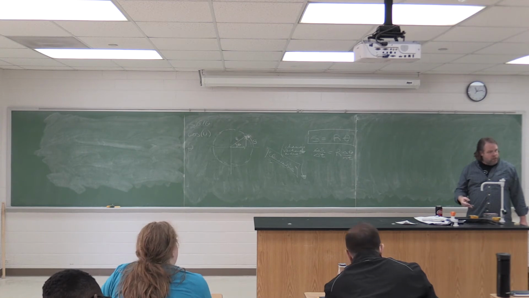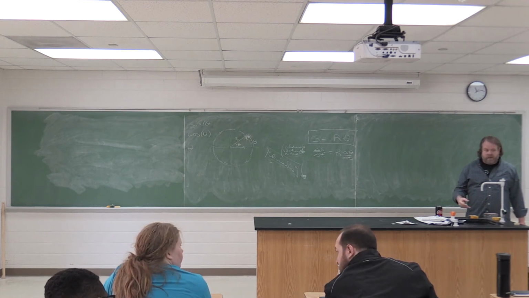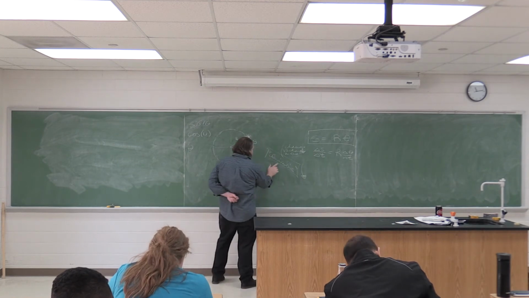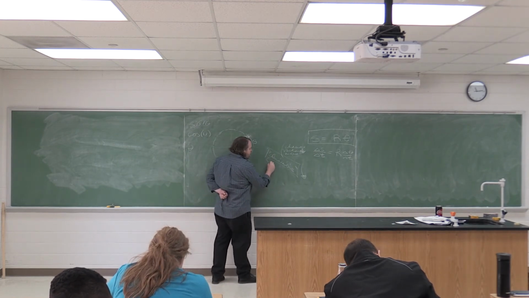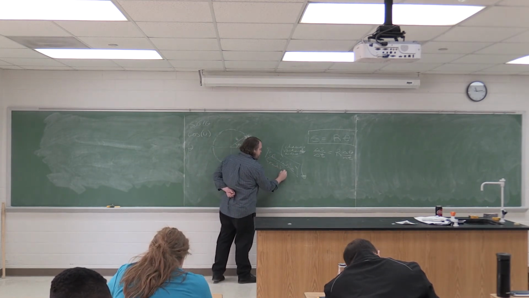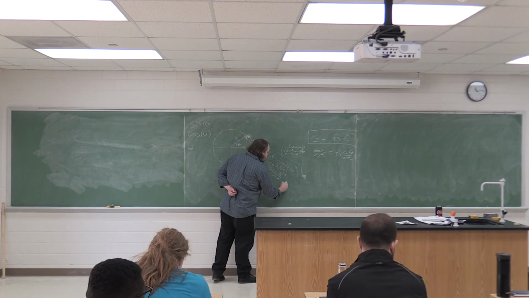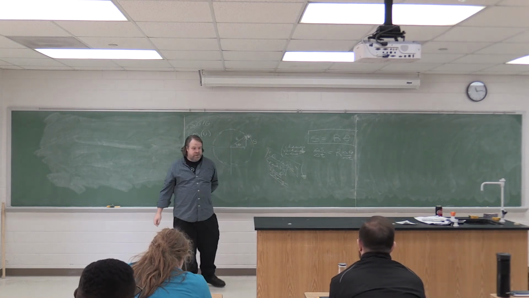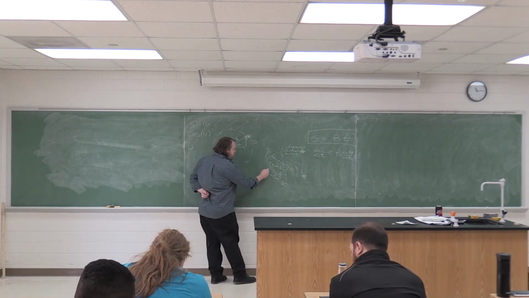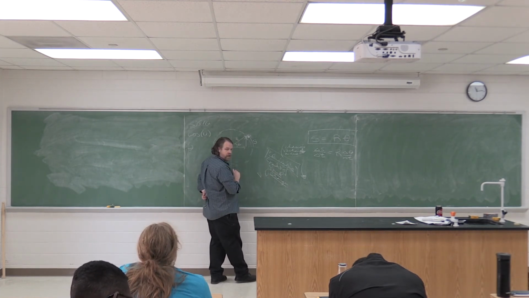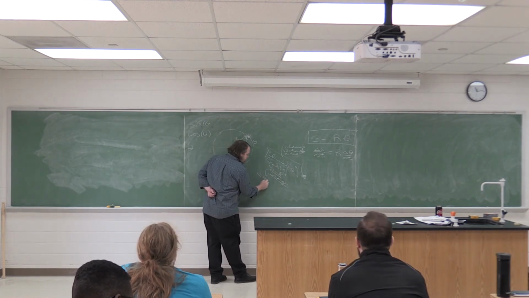It means taking the slope of something, it means taking the rate of change of something. Specifically, when we talk about a derivative, we're going to mean a ratio of small changes.